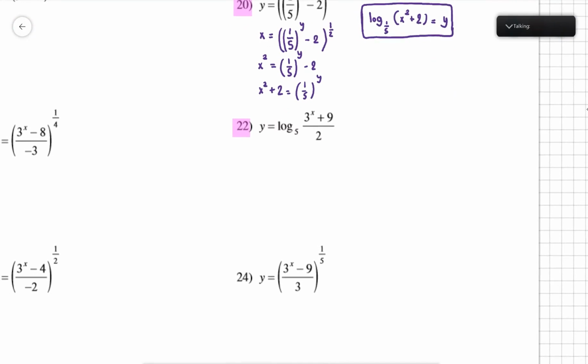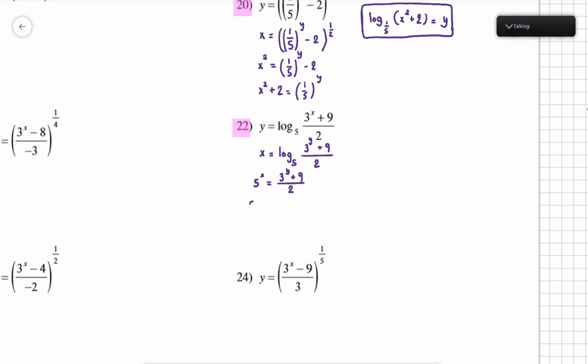Number 22, switch our x's and our y's. Convert: 5 to the power of x is equal to everything in there, so 3 to the y plus 9 over 2.